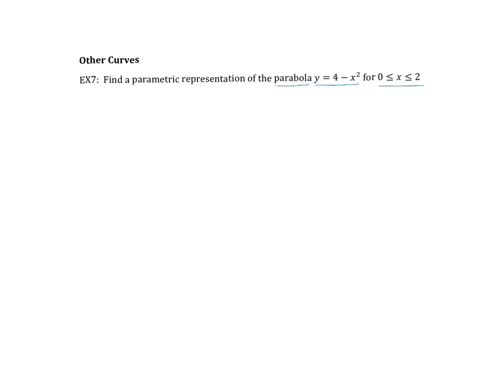So since my interval goes from 0 to 2 and it's an x value, I am just going to let x equal t. When I do that, then I get the t values are going from 0 to 2. And I can simply replace x with t in my equation to get my y values.